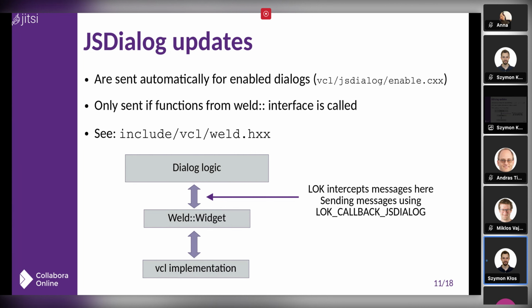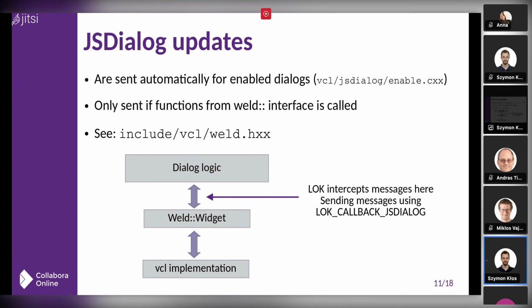It should be done automatically, but you have to enable the dialog or the UI file in a special file, the VCL JS dialog enable. There is a list, and you can add a UI file which should be enabled, and then events should automatically be sent.